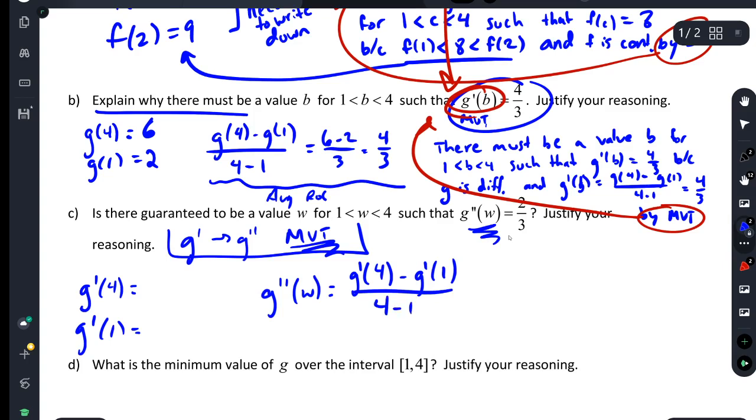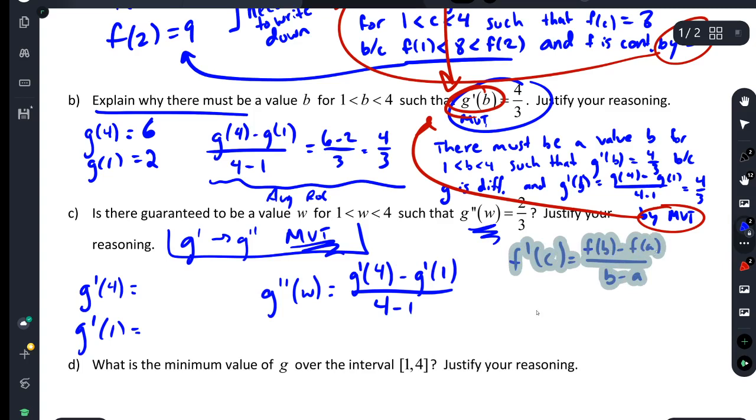The original MVT is f'(c) equals (f(b) minus f(a)) over (b minus a). That's what we're used to. But in this case, because we have a double prime, we're just adding a derivative to each part of this. So this will become g'' instead of f', and these two values will become prime values instead of f values.